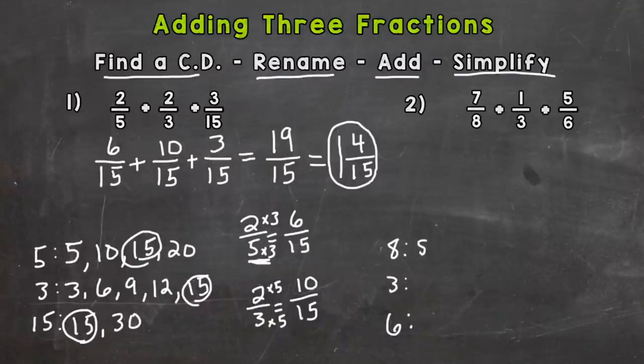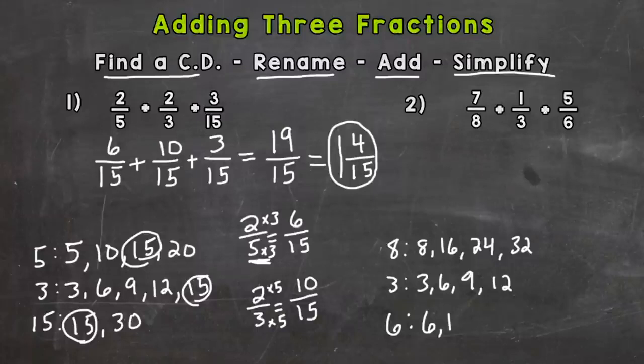So here we have 8, 16, 24, 32. Again, those lists go on forever, so just cut it off at about 4 or 5. And then if we need to extend, we can extend. So 3, 6, 9, 12. 6, 12, 18, 24.